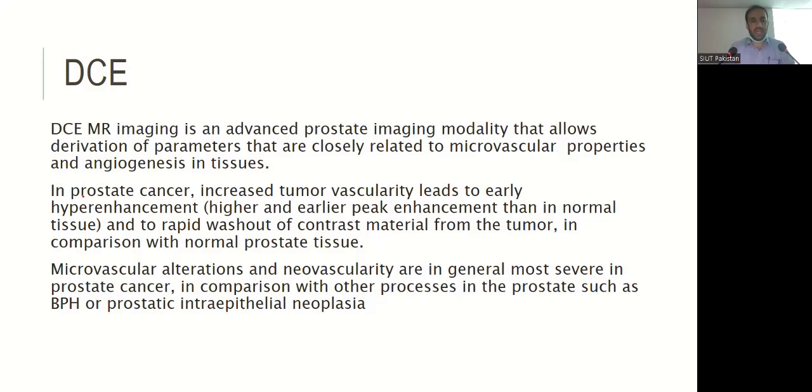In prostate cancer, increased tumor vascularity leads to early hyperenhancement, higher and earlier peak enhancement than in normal tissue, and rapid washout of contrast material from the tumor in comparison with normal prostate tissue. Microvascular alterations and neovascularity are in general most severe in prostate cancer in comparison with other processes in the prostate such as BPH or prostatic intraepithelial neoplasia.